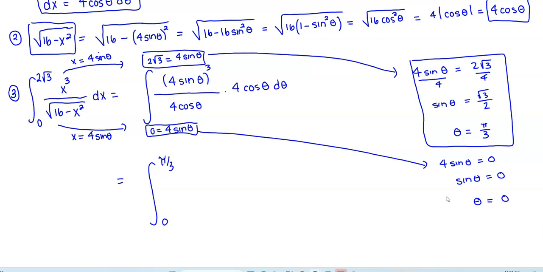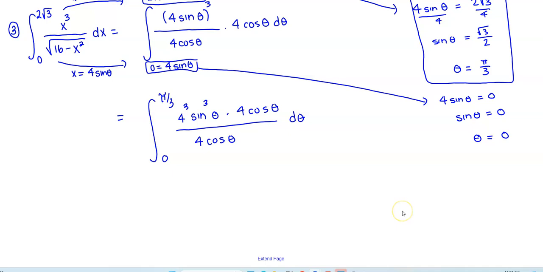Okay. And so now, what do we know about our upper? So we have 4 cubed times the sine cubed theta times 4 times the cosine of theta over 4 times the cosine of theta d theta.